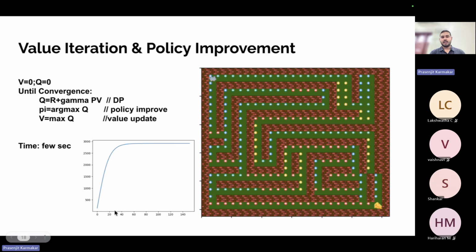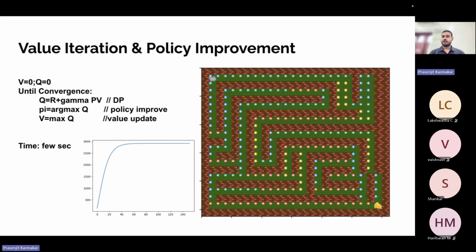So see here, for a much bigger environment, the number of policies that are possible for this large an environment is more than the number of atoms in the universe. But still, we can solve it within 140 or 142 iterations, right? So that was a very powerful algorithm from our perspective, right?